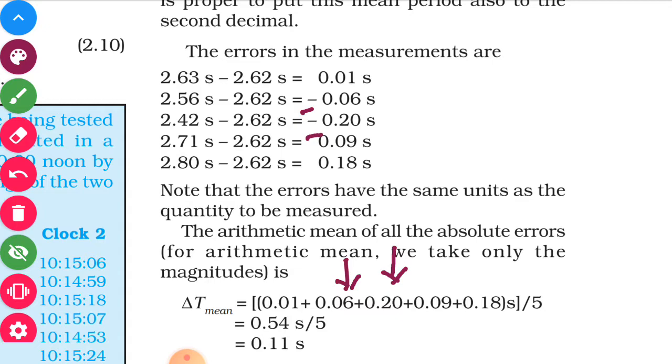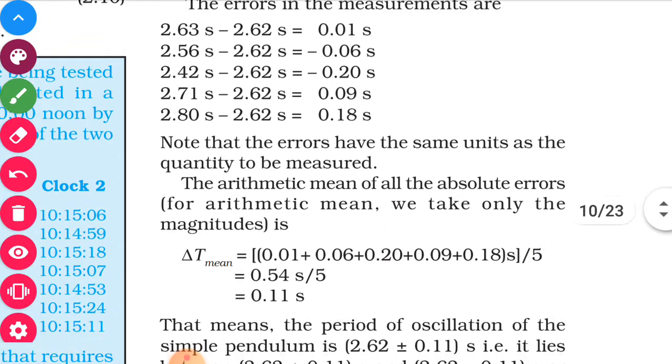Adding them and dividing by the number of observations, you will get 0.11 as delta t mean, or we can say that this is your mean absolute error of periodic time.